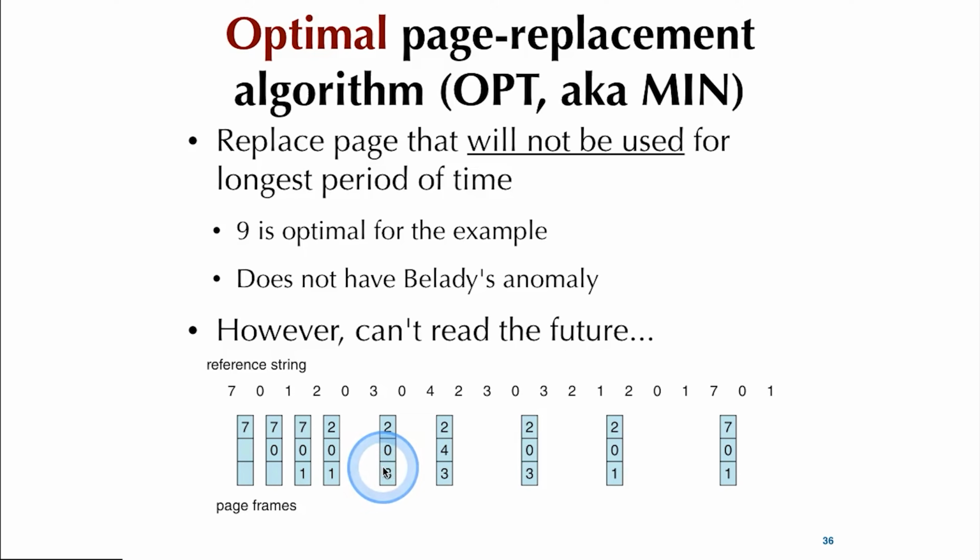So now that's when it replaces the 1. So this does not have that anomaly, but because you can't read the future, it's really only a theoretical lower bound, but not done in practice. But that doesn't mean you can't approximate it.